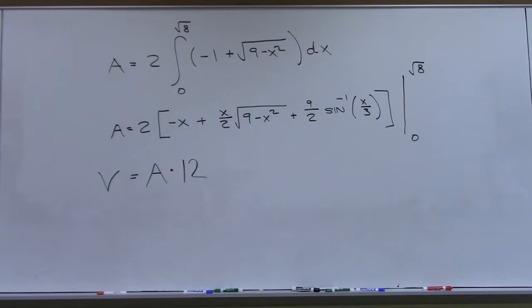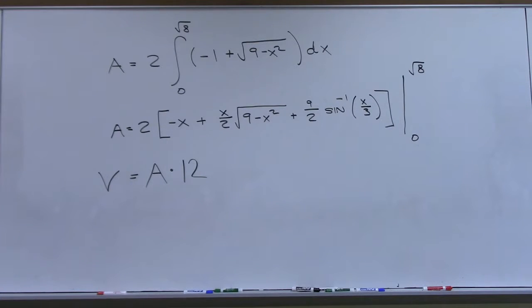There it is. I'm going to have the computer integrate it for us. So 2 times the integral, the lower limit was 0, square root of 8 is up top. The expression we were integrating was negative 1 plus the square root of 9 minus x squared.